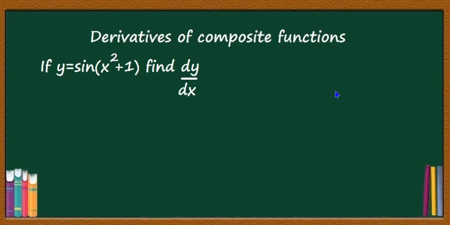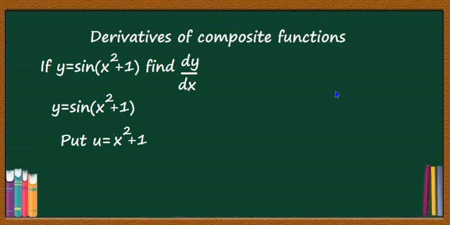And you have to identify one function and name it as u, so that y will become a function of u. Like that you have to choose u, and in this problem you can choose u like this. What is the given function? Y is equal to sine of x square plus 1, and you have to choose u as x square plus 1.